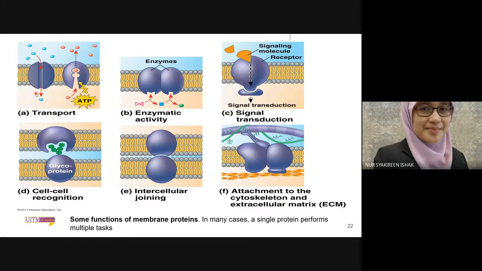Water molecules, without the presence of aquaporin, can still diffuse through the membrane, but the diffusion of water molecules would be slower. To speed up the movement of water molecules from outside into the cell is by having these aquaporins.